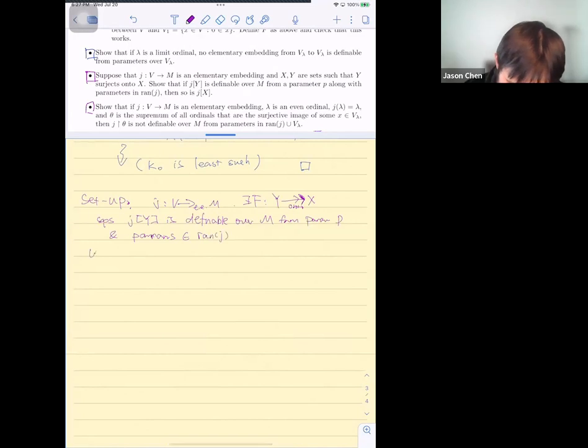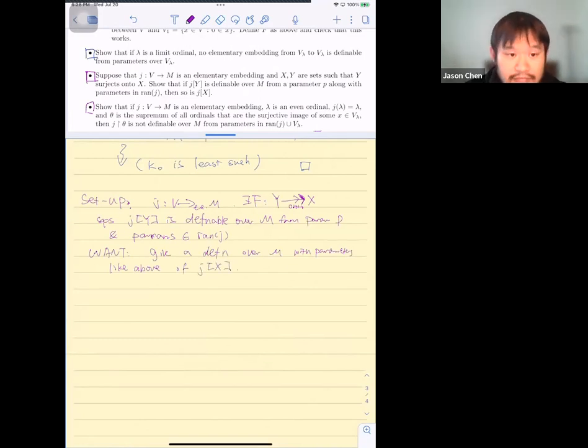Okay. And what we want is to give a definition over M with parameters like above. The definition is of J image X. This is my crude attempt.